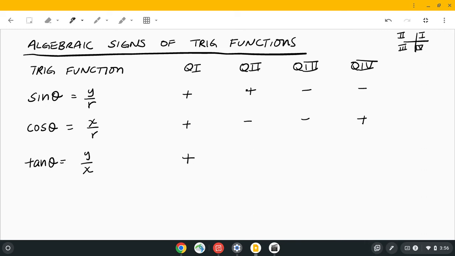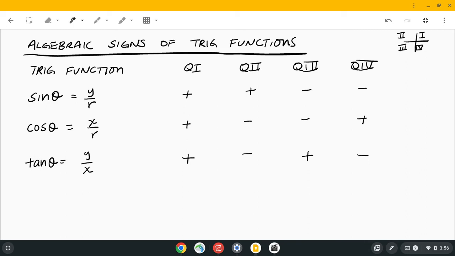In quadrant 2, the y values are positive, but the x values are negative, so tangent will be negative. Over here in quadrant 3, y values are negative, x values are negative, double negative becomes positive. And then over here we have negative y values, positive x values, and so tangent will be negative.